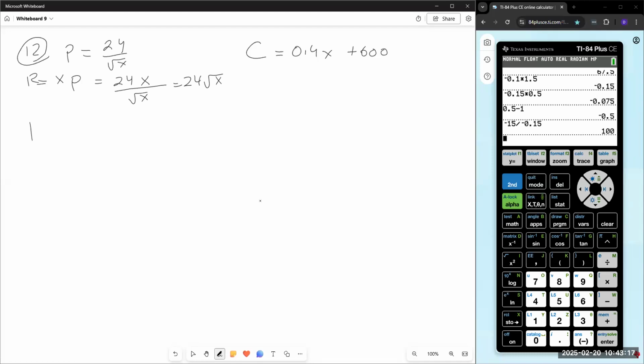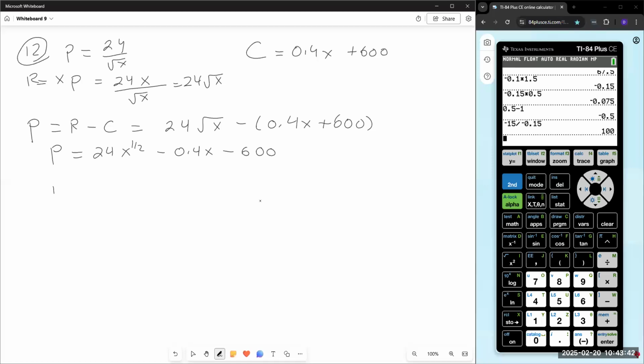And my profit function is R minus C, so that's 24 square root of x minus (0.4x plus 600). Capital P profit is 24x to the 1/2 minus 0.4x minus 600.